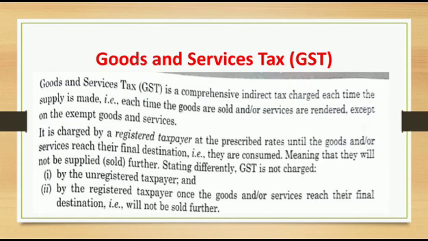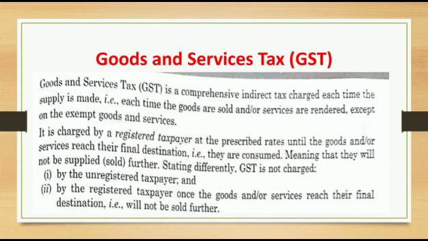Before the introduction of GST, goods and services tax, many taxes were there. Now together they form one common tax, that is called GST. This is the indirect tax. Why is it called indirect tax? It is not paid directly by the individual.